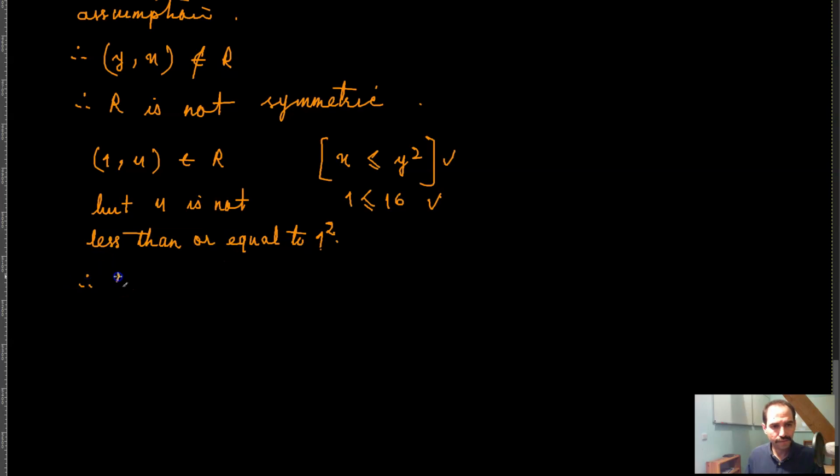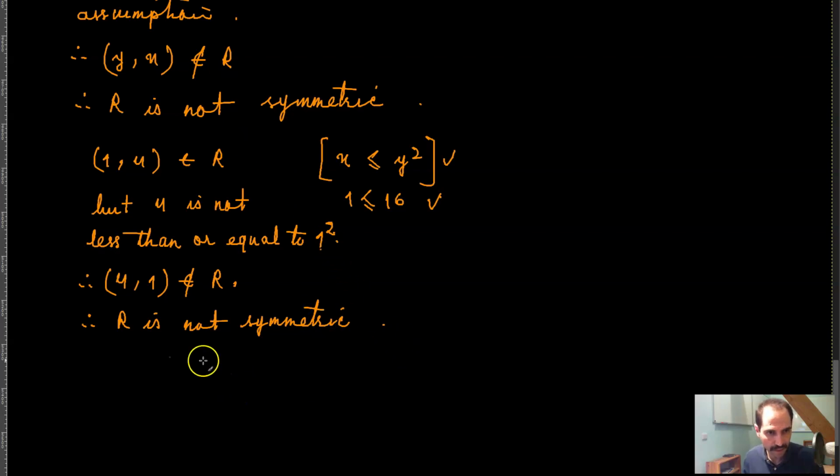That means that (4, 1) does not belong to R, right? And so you can say that R is not symmetric. That's another way of saying the same thing.